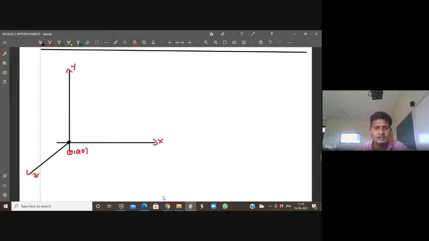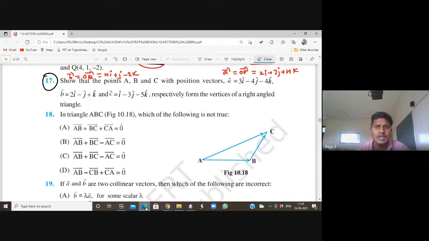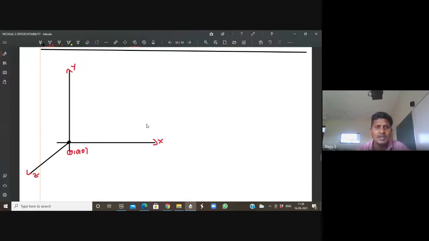So when you observe the question here, they have given 3 position vectors. I'm going to take 3 points. One point is A, one point is B here, some point C will be here.